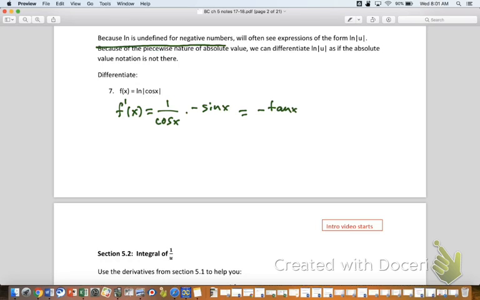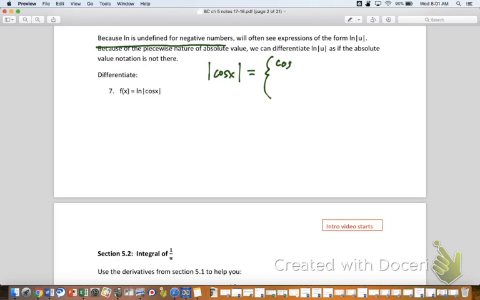So what I thought I would do here is show you that you can differentiate this as if the absolute values really weren't there. Here's how this works. If we take this off to the side here and kind of redefine what the absolute value of cosine really means. So absolute value of cosine is equal to cosine as long as what is true?